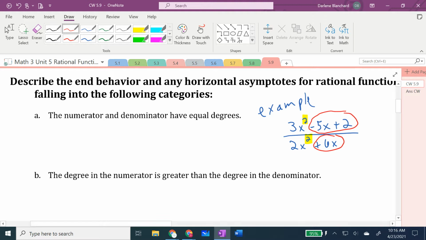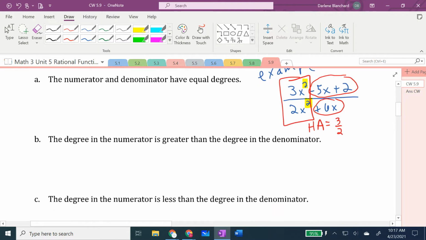And you will be heading to a ratio of the leading coefficients. So in this case, the horizontal asymptote is equal to 3/2. So it's the ratio of the leading coefficients if the degrees are the same.